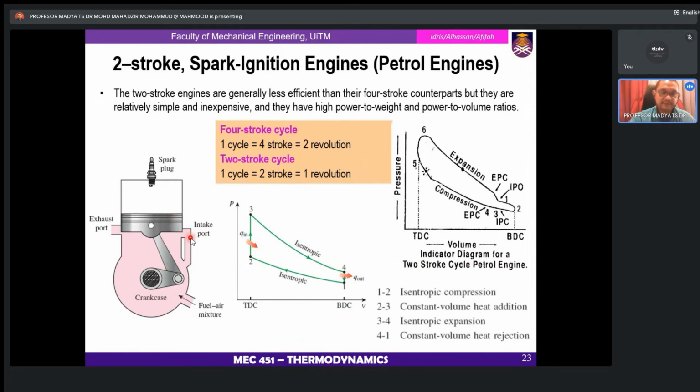Then this mixture will be pushed to the combustion chamber, the spark plug will be engaged, and the burnt material of the power stroke will be pushed out to the exhaust port. Okay, that is the process of two stroke.